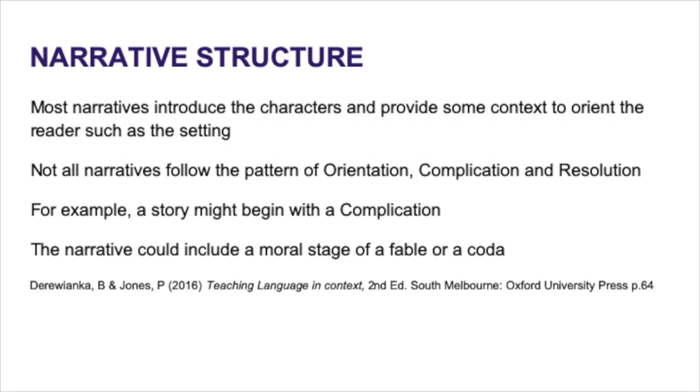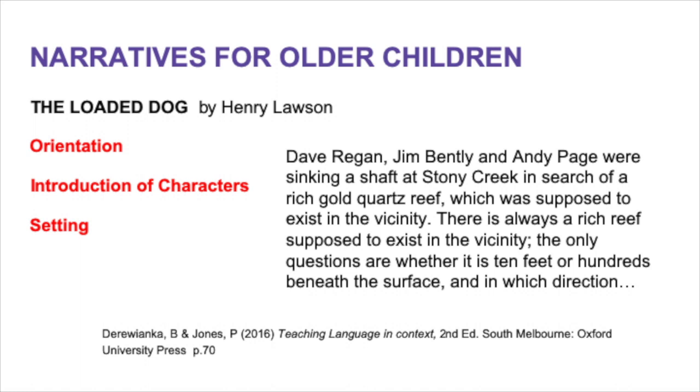Just a basic narrative structure, which I think you're all familiar with: orientation, complication, and resolution. Sometimes a story begins with a complication or it's written like a flashback, and some narratives have a moral, a coda, included as well. So again, you could provide examples of that.